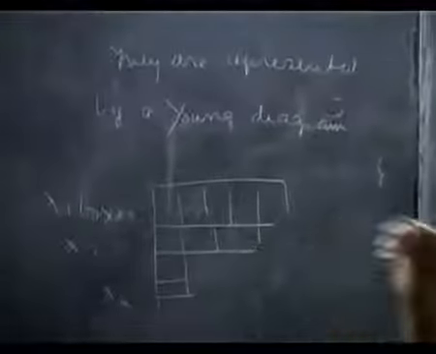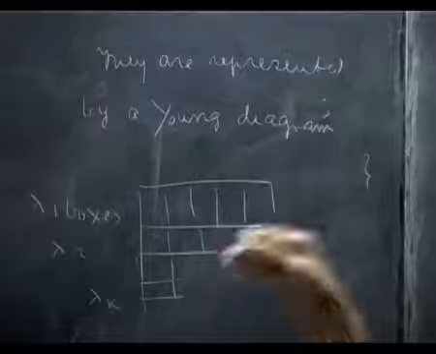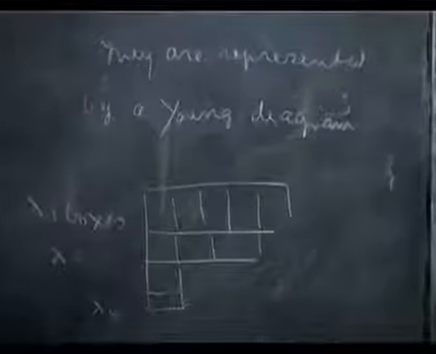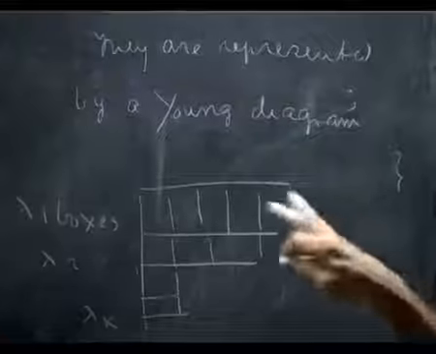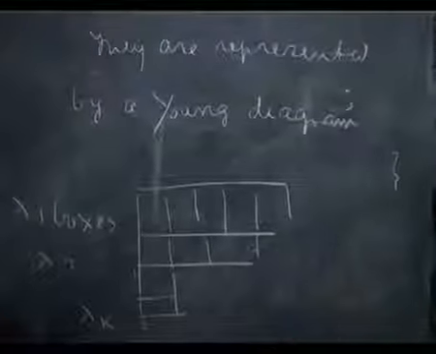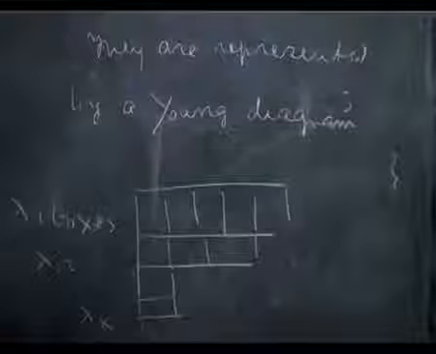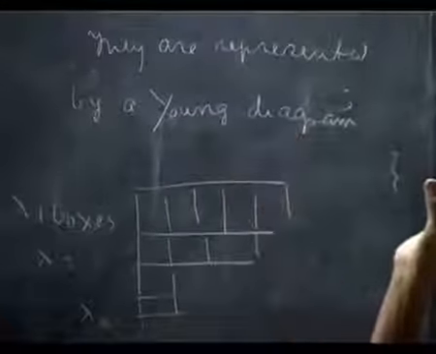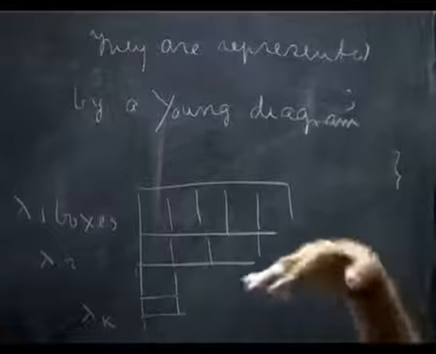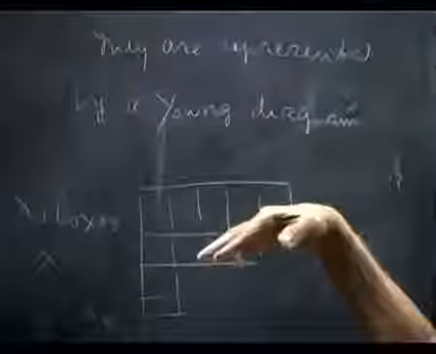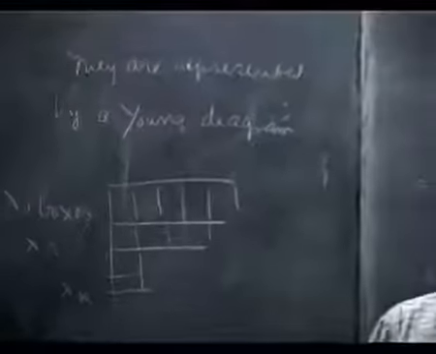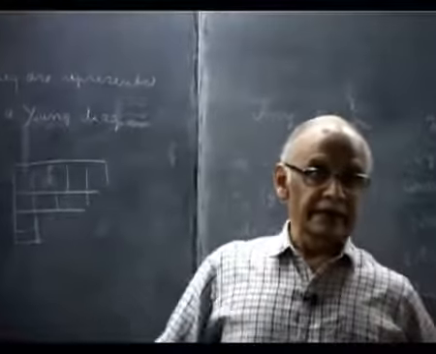So nothing is inside the boxes right now, they are empty boxes. We will fill them in later. You cannot have a row bigger than the previous row, that is not allowed. In an allowed Young diagram, the rows either stay the same in length or decrease in size.